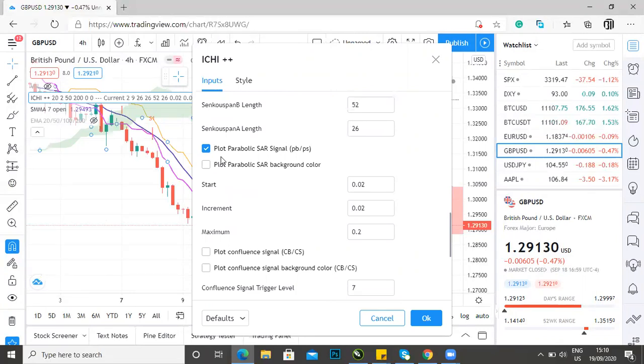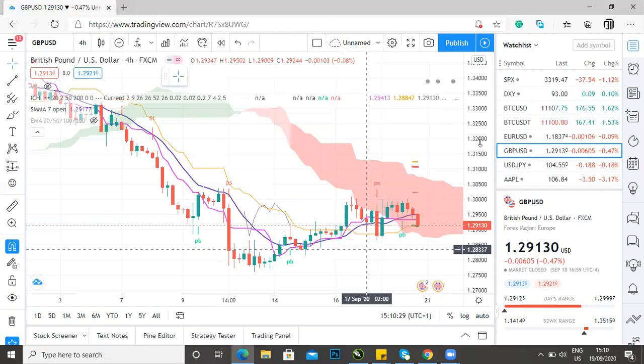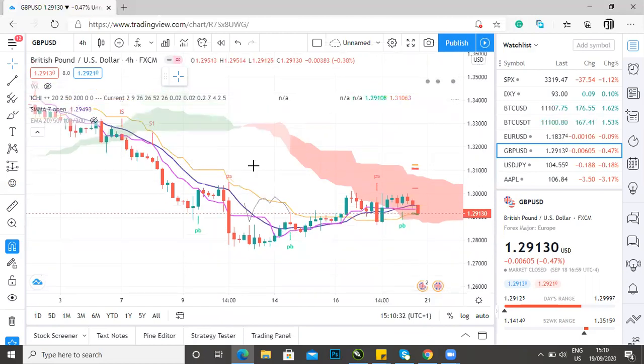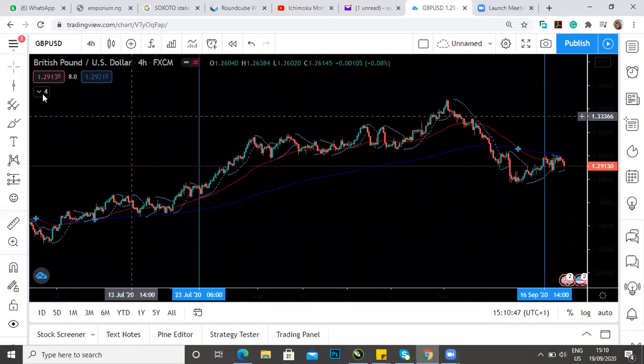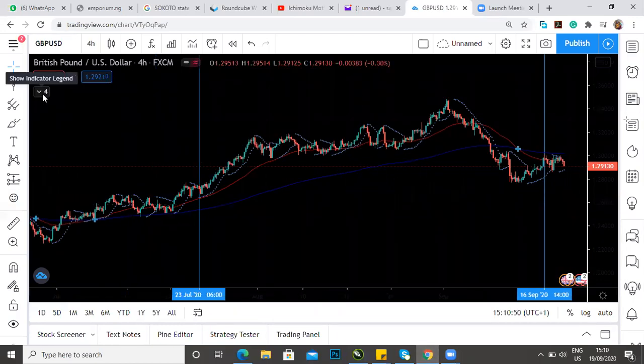From here, I'm still coming back to this chart, the way to tell us how we can merge the indicators with our Ichimoku. We are still trying to do some back testing on this new strategy. So this is the parabolic indicator.